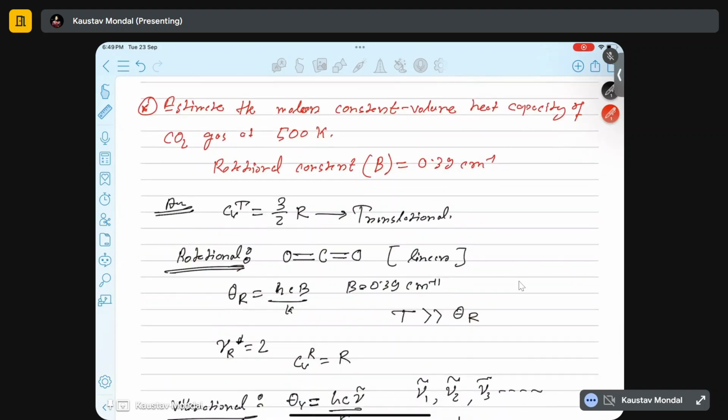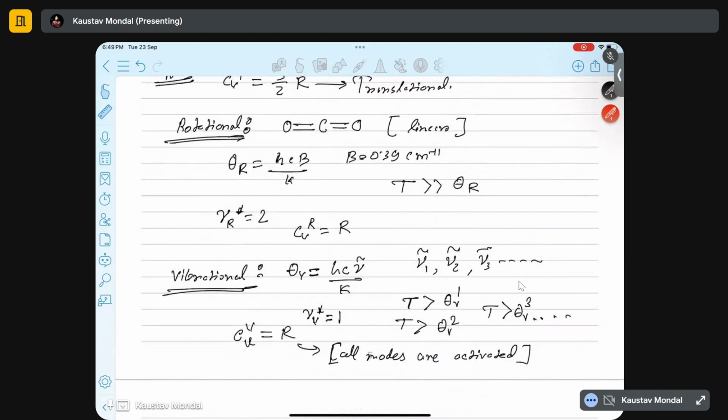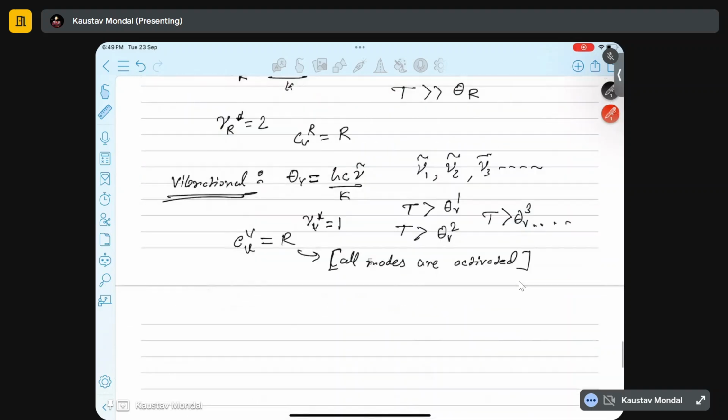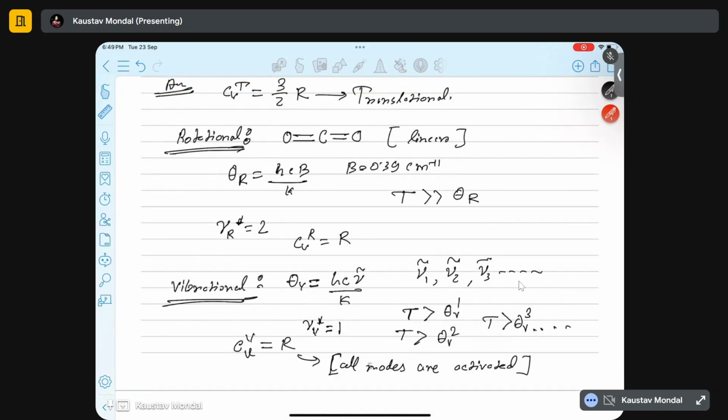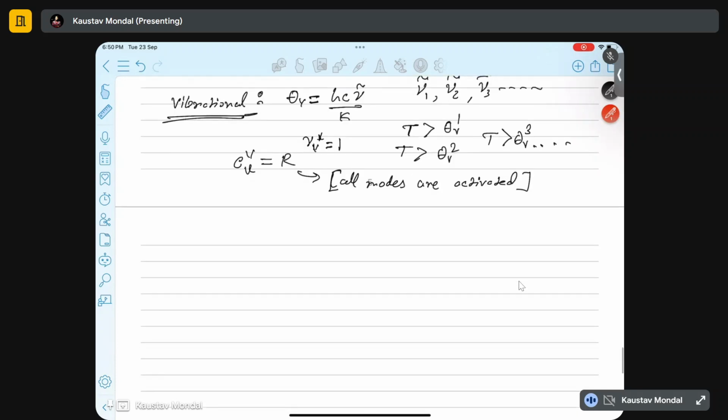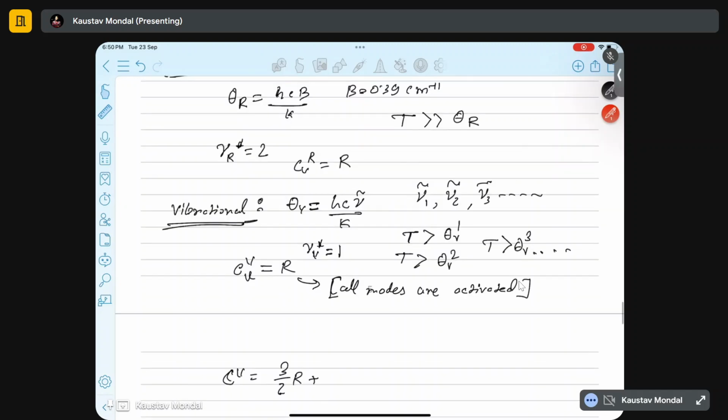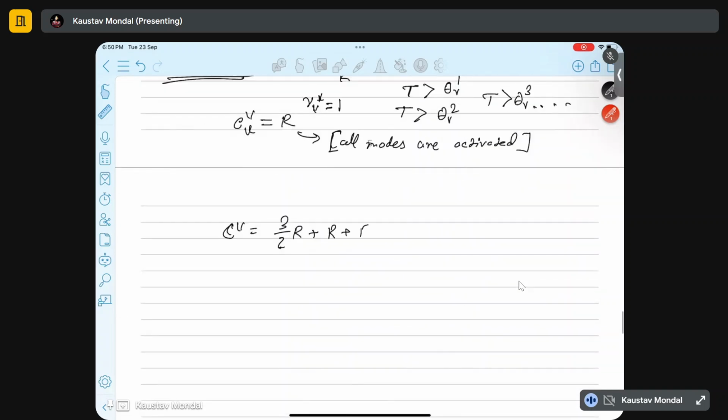Okay. So that means the total specific heat C_V would be simply the summation of 3 by 2 R plus R plus R, right?